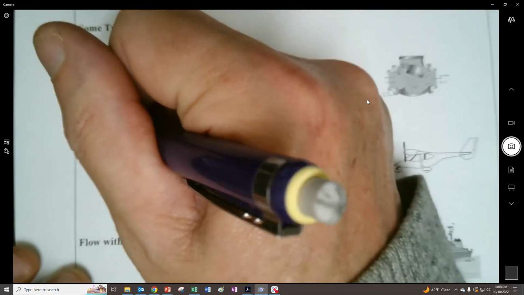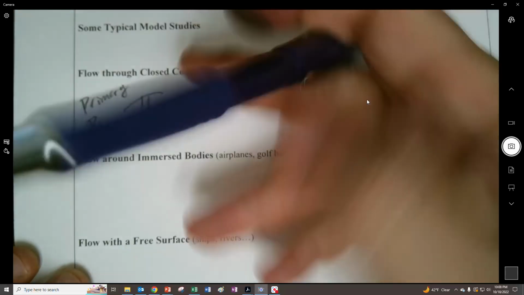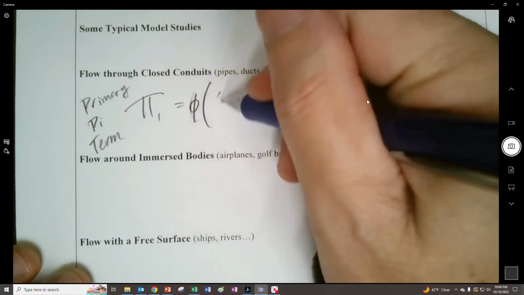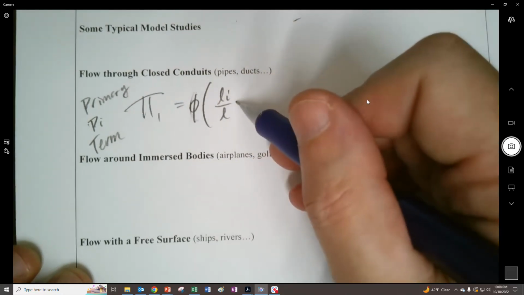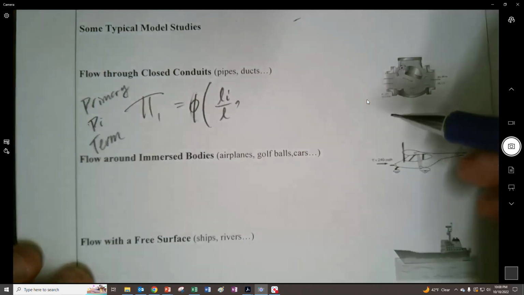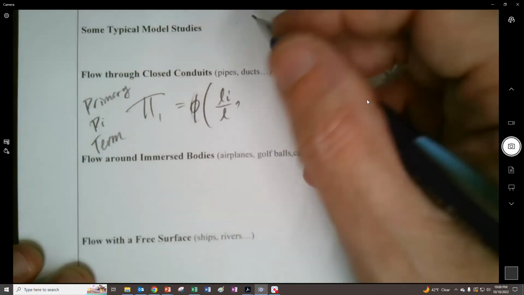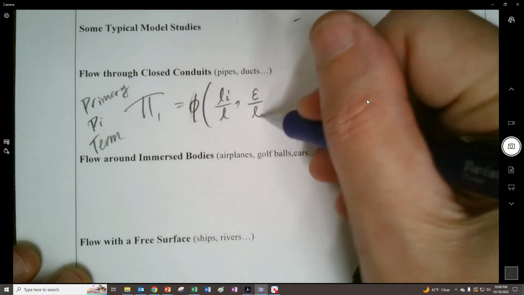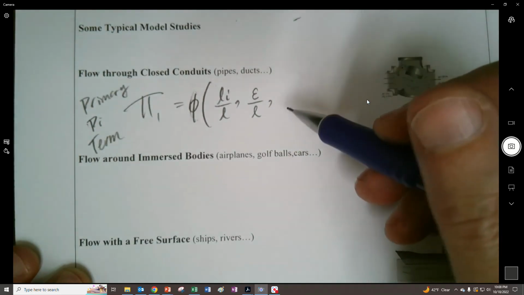A primary pi term that we want to get to, and it will be dependent on some type of length or a bunch of different length scales. So this is Li, meaning an index of a bunch of different lengths. Often roughness per some characteristic length is what we usually talk about.